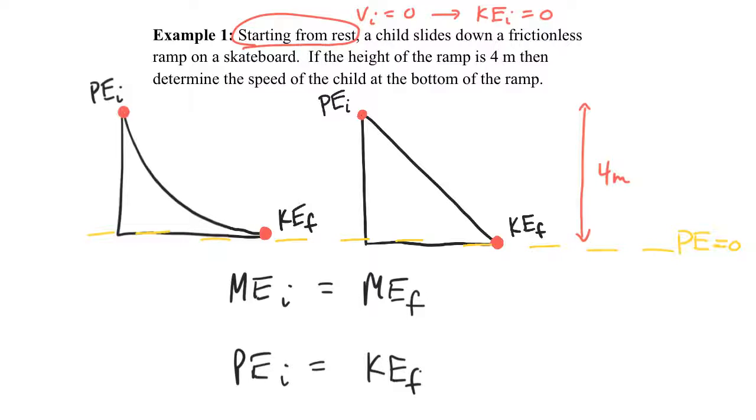ME is like the total energy. You can write down total energy instead of ME. That's fine. Total energy in the beginning equals total energy at the end. Thus, conservation of energy. Conservation simply means it's conserved, right? It's not lost nor gained, it's just transferred.